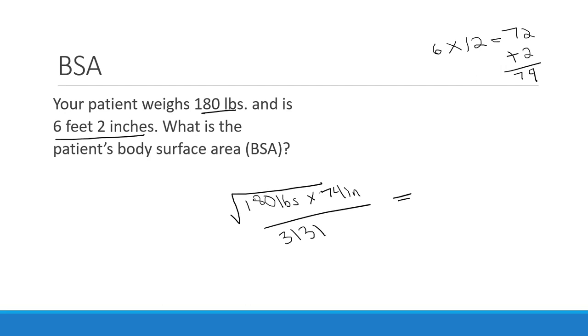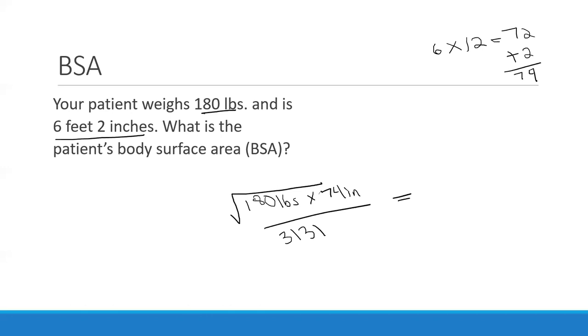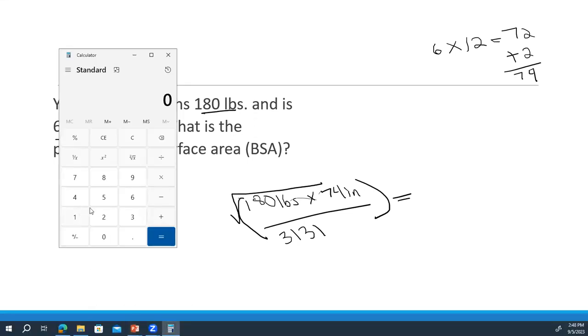So pulling out my calculator, I'll show you how to put this in. To make it so you know that you have to do this first, you can put parentheses all around this, because you have to do the math in here before you square root it. So we're going to have 180 times 74, which gives me 13,320, divided by 31, which gives me 4.25, and all of these numbers.